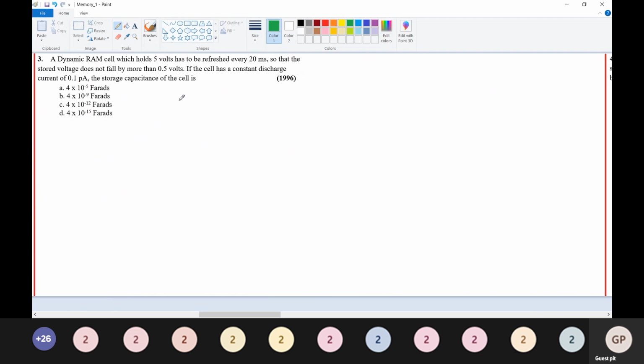structure of a dynamic RAM cell. So a dynamic RAM cell consists of normally one NMOS enhancement MOSFET followed by a capacitor. Okay, so the structure will be like this. Here the MOSFET, followed by a capacitor.